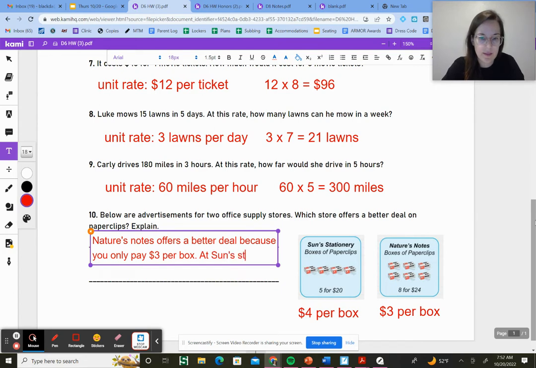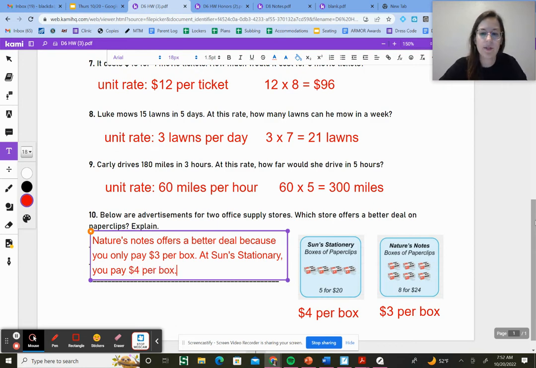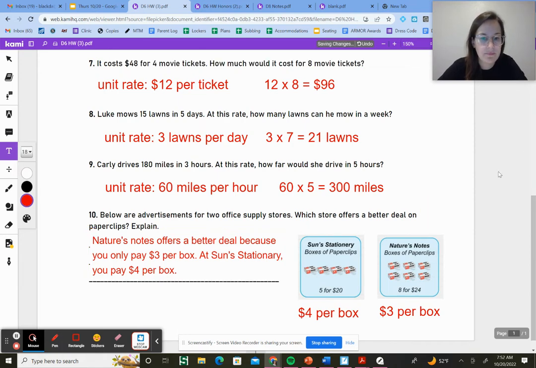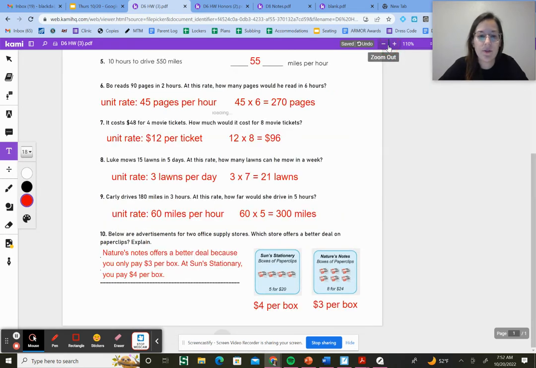At Sun's Stationery, you pay $4 per box. So something along the lines of that would be good. All right. So minus 10 points each on these. Add it to your blue sheet.